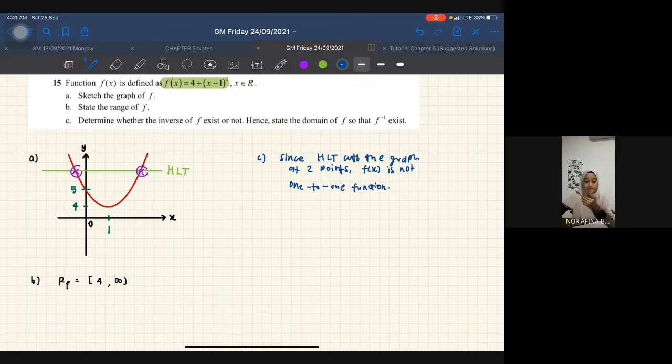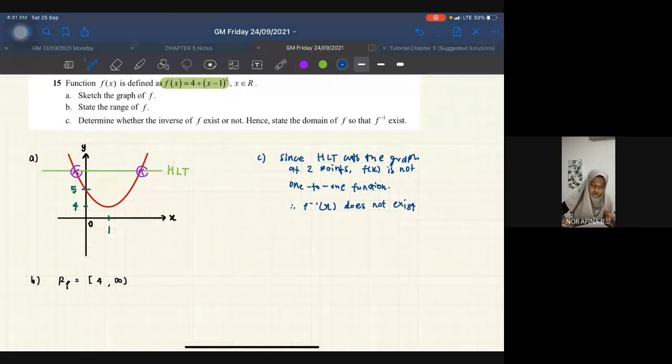Macam tu. Okay, so tak ada inverse lah sebenarnya. No inverse. Does not exist. Macam tu. Okay, so itu adalah part C.